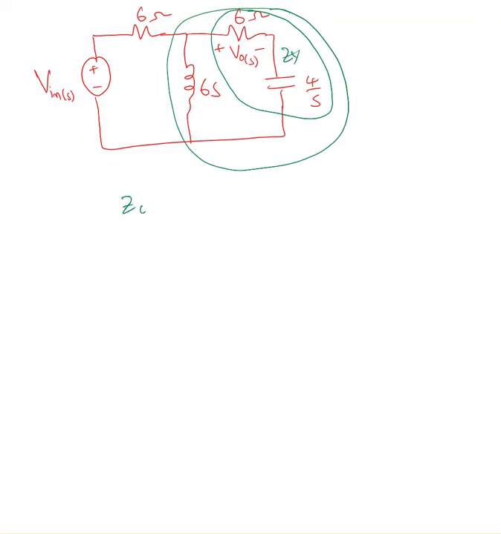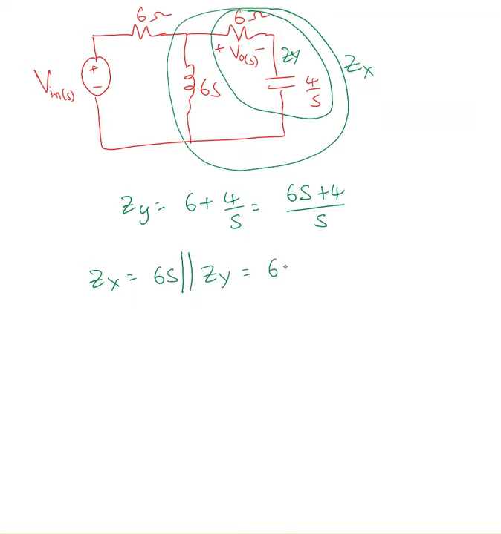Those two are in series, 6 plus 4 over s. If I simplify it, it is 6s plus 4 over s. Now the total Z, let me call this ZX. This ZX is nothing but 6s in parallel with ZY.